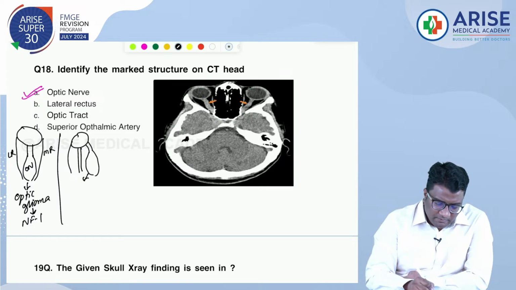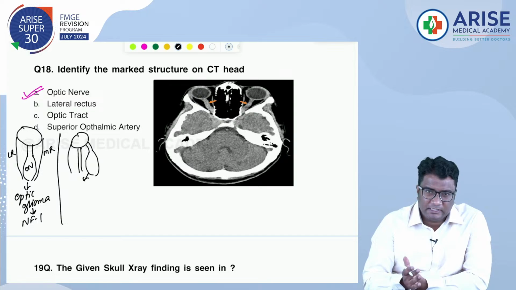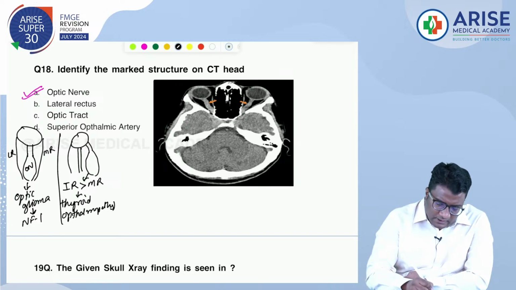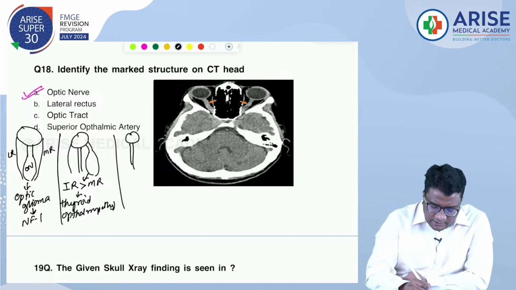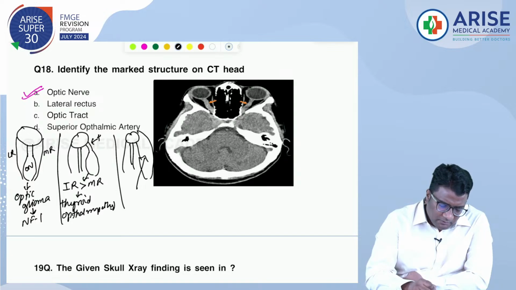If you are seeing fusiform enlargement, or Coca-Cola appearance, of the extraocular muscle, especially the inferior rectus and medial rectus, inferior rectus more than medial rectus, this is thyroid ophthalmopathy. In thyroid ophthalmopathy, there is tendon sparing.